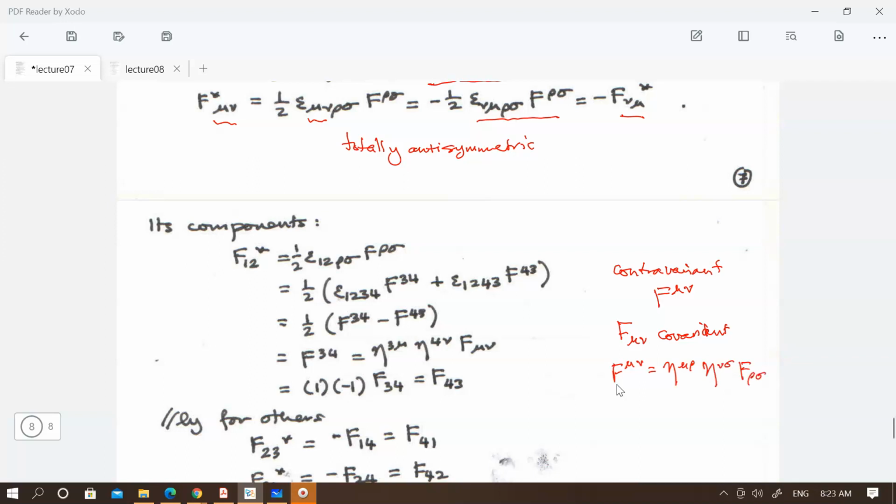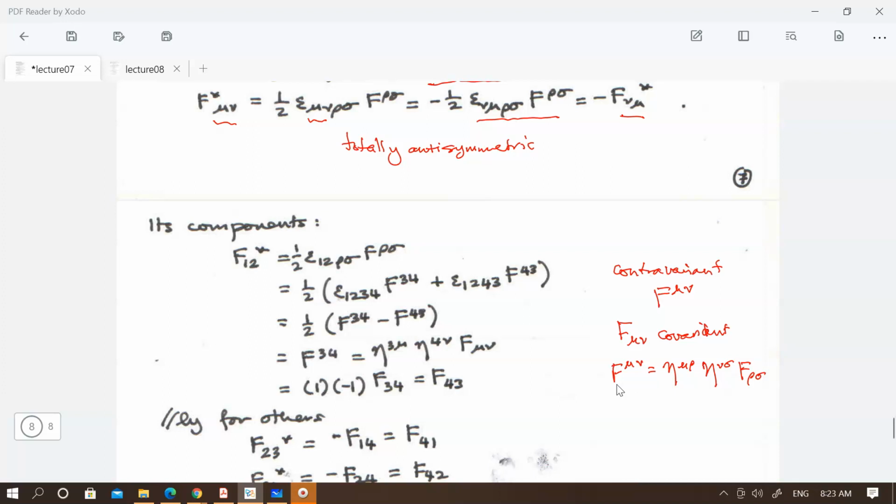That's how you define your contravariant case from your covariant case. You just raise the indices rho and sigma to mu and nu. You can find out what this is, but the essential point is that this is also antisymmetric with respect to mu and nu. That needs a little bit of convincing here.